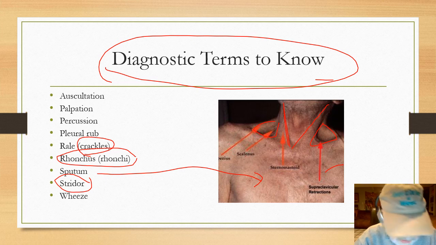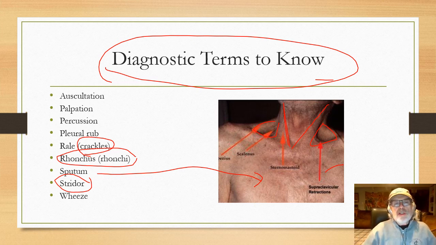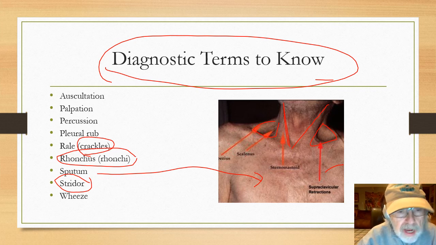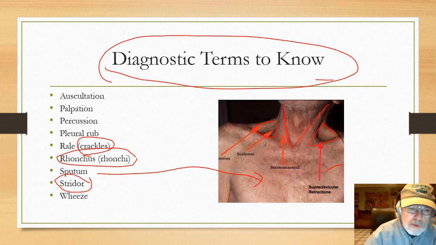If somebody has asthma, they have trouble getting air out. You actually see the stridor because the abdominal muscles are firing to try to push the diaphragm up to get the air out, because asthma is more of an air trapping type disease. Which gets me to my next word, which is wheeze.